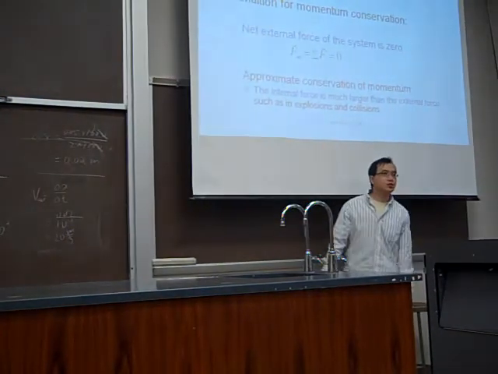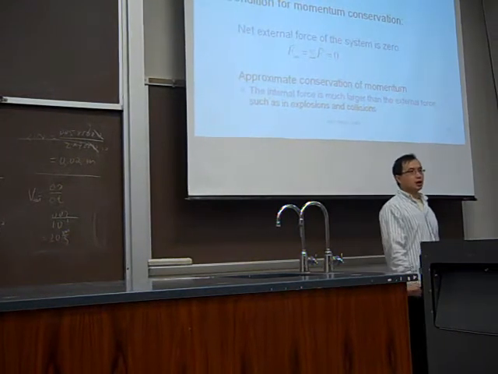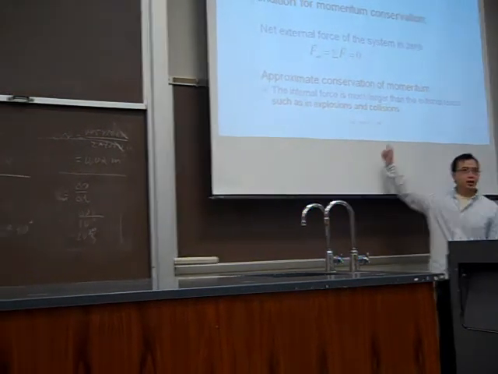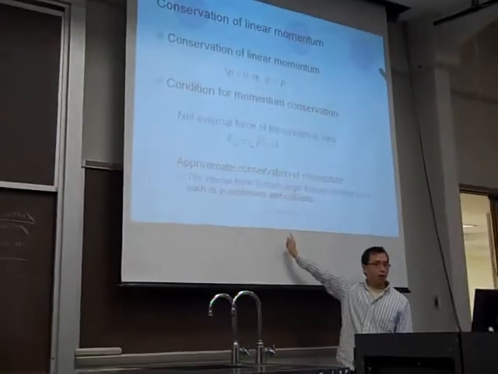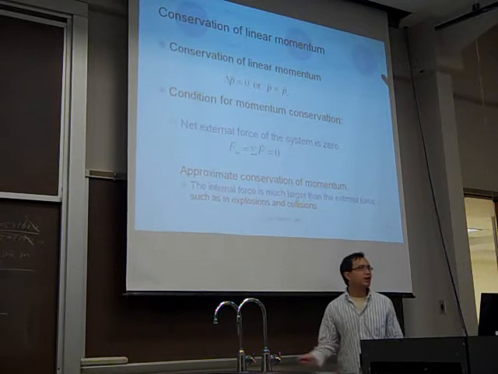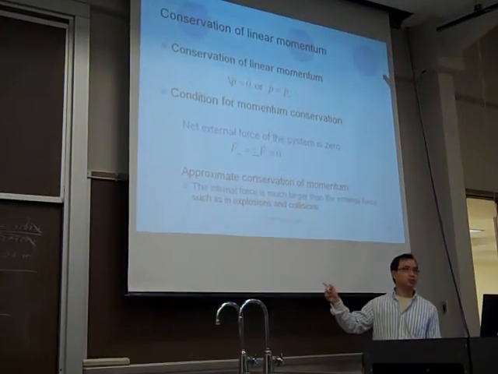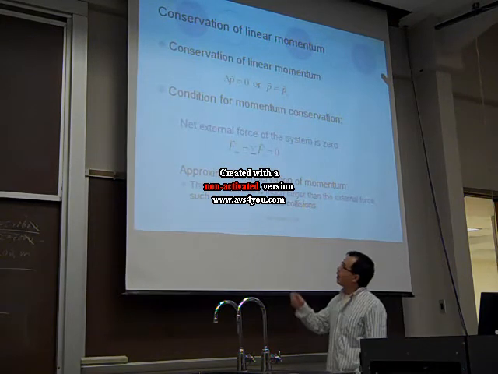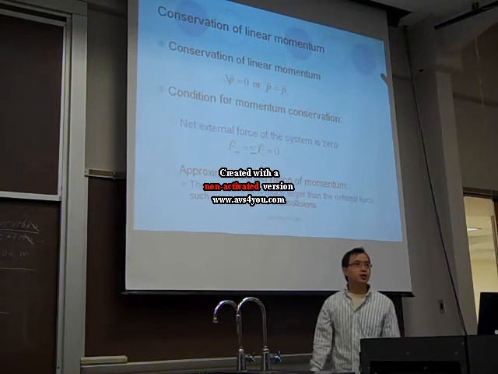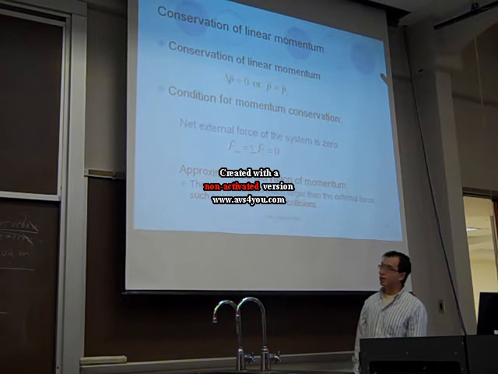Okay, for example, explosion and collision processes. For these processes, you can think about the momentum as conserved. So whenever we talk about explosion and collision, you automatically realize that the momentum is conserved. And of course, you can see why I say it's very important.